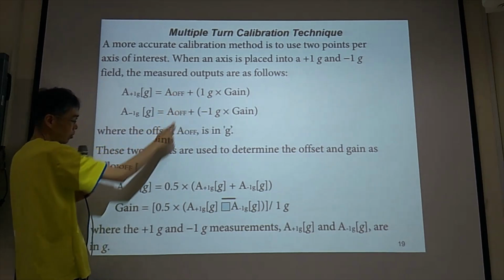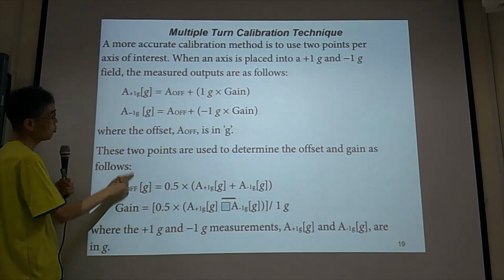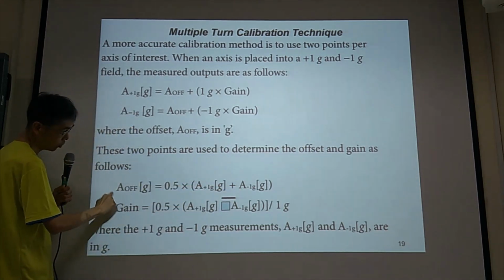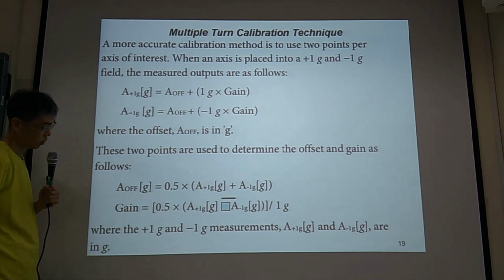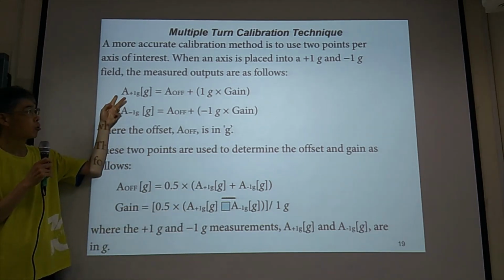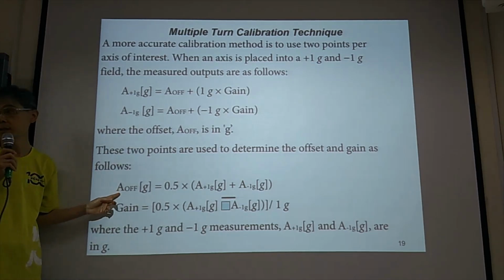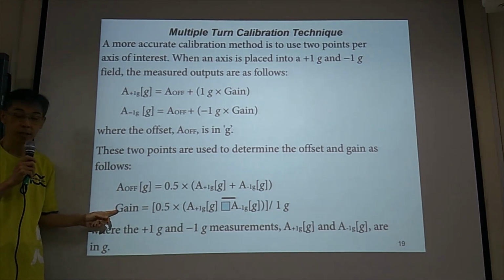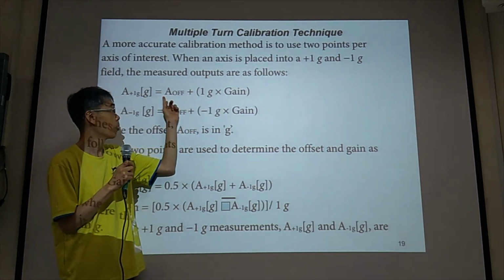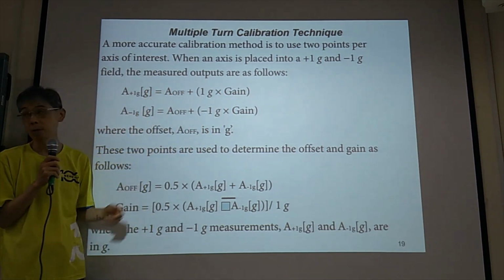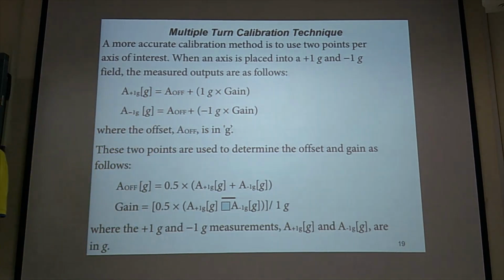So 2 times the offset equals A plus G plus A minus G. You move the 2 over, and you have 0.5. So using these two terms, you can get the offset, and also you can get the gain. Two variables, two equations. Then you can get the gain of your device and the offset of your device.